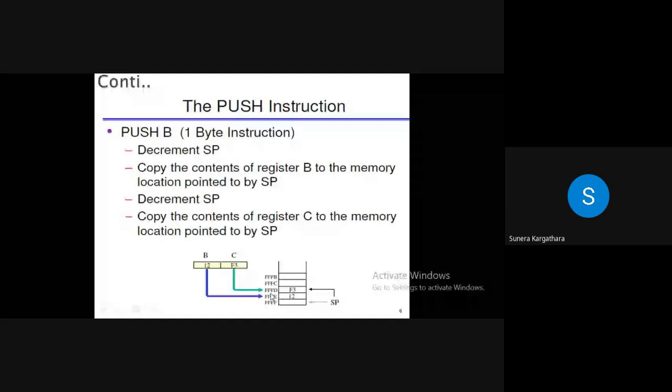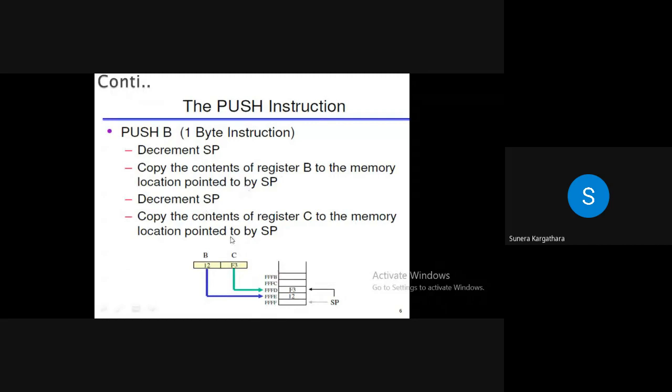When you write a push instruction, three processes are running in the background. You are storing your register pair's content onto the stack and you are modifying your stack pointer as well. Suppose initially my stack pointer is loaded with the maximum value.